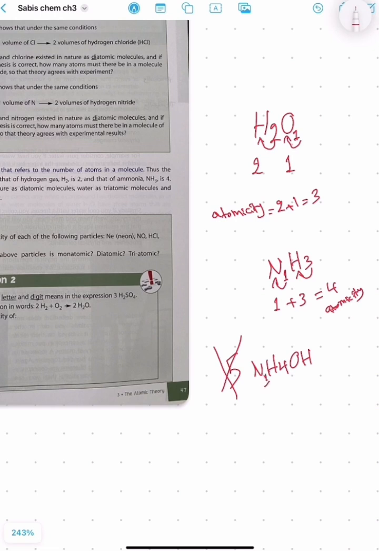Again, nothing here, so 1, that's 1, plus 4 here, that's 4. Look, O and H, there are two different elements, so 1 here, plus 1, and H here, plus 1. So the atomicity is 7. This is atomicity. You just count the number of atoms, the small numbers, not the big numbers.